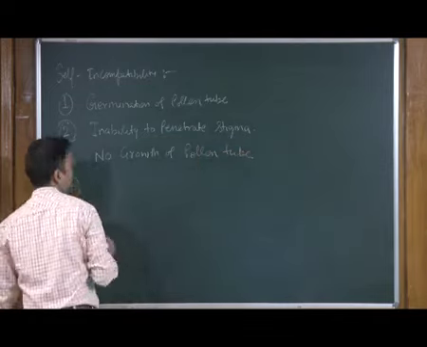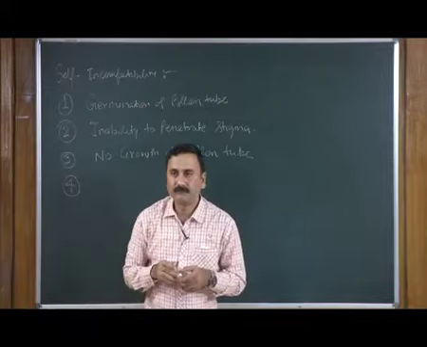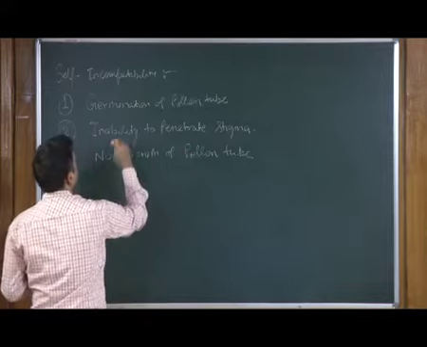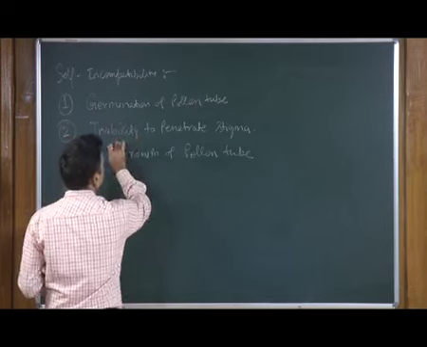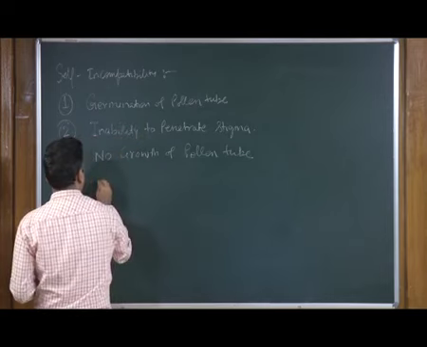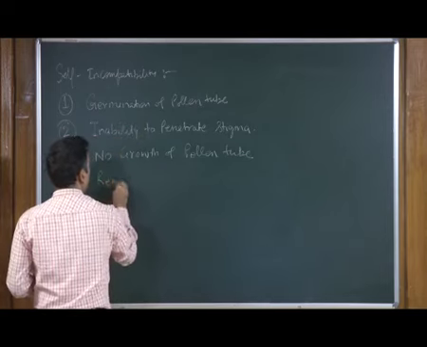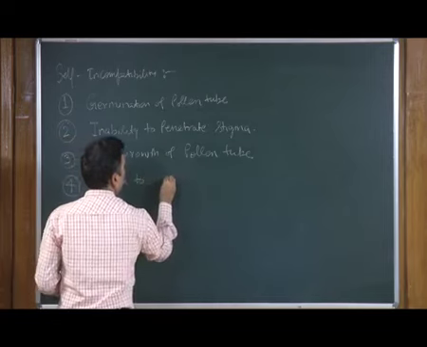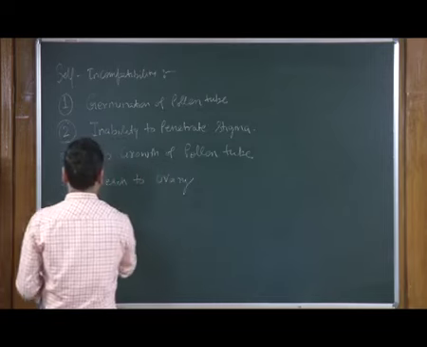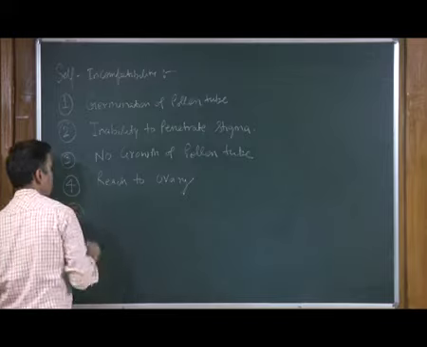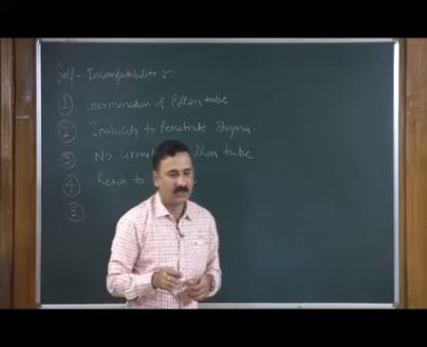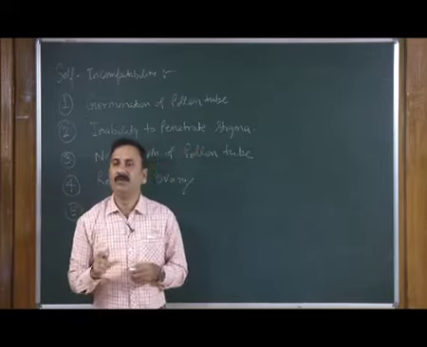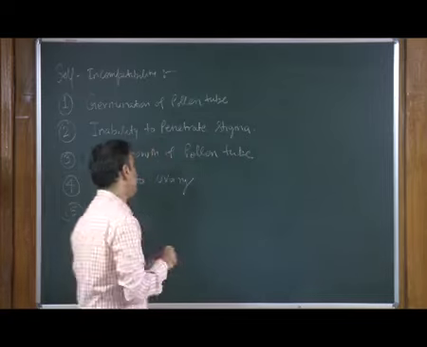Number four, even if the pollen tube has grown and penetrated the stigma, it may not reach the ovary. Number five, even if it reaches the ovary, it may not allow the fusion of male and female gametes.